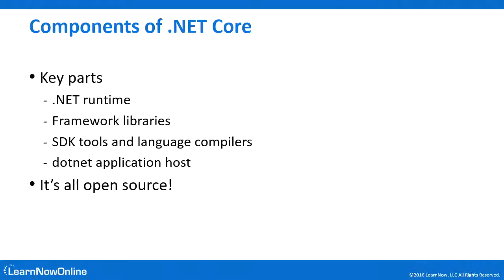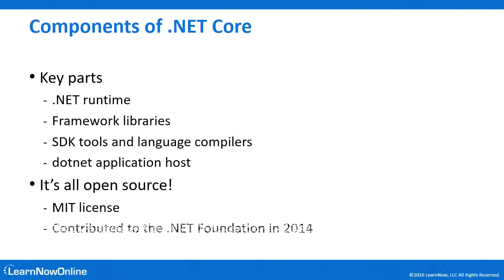So one of the most wonderful things about .NET Core is that it's open source, and it's under a couple of licenses. The most relevant one is the MIT license. If anyone has any doubts that Microsoft, at least the developer division, has fully embraced open source, these are pretty permanently put to rest. Now, Microsoft contributed .NET Core to the .NET Foundation in 2014. It's now one of the most active .NET Foundation projects.